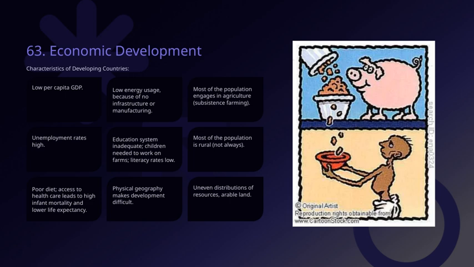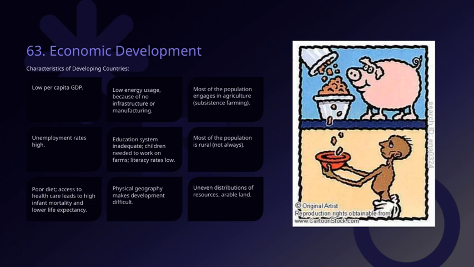This often leads to poor diets and limited access to health care, resulting in high infant mortality rates and lower life expectancy. The education system in these regions is frequently inadequate. Children often have to work on farms instead of going to school, which results in low literacy rates.